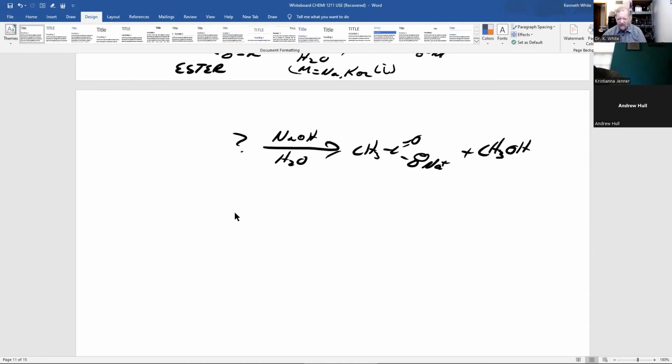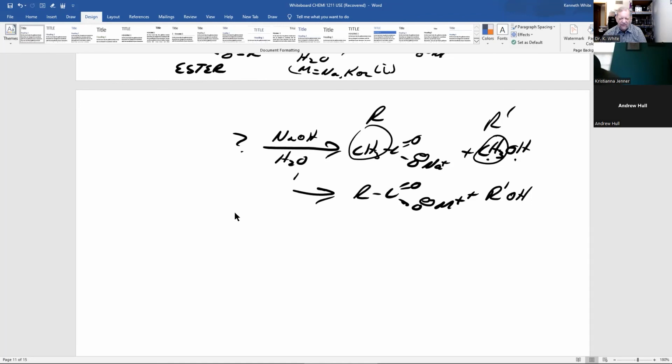All right, let's take a look at this. What's different? Ooh, carbonyl, carbon double bond oxygen. It has an oxygen with negative charge and a cation, M plus. It's got carbons here, I'll call R. Ooh, carbon hydroxyl group, alcohol. I'll call this R prime. And what do we react with? A base, MOH, plus water.